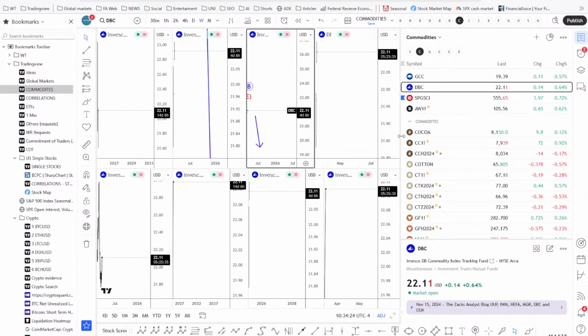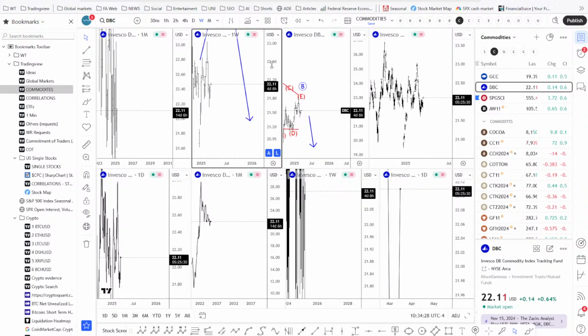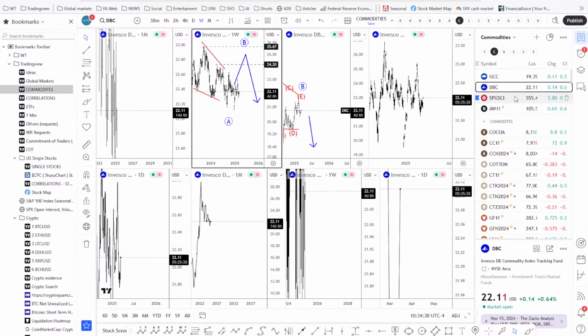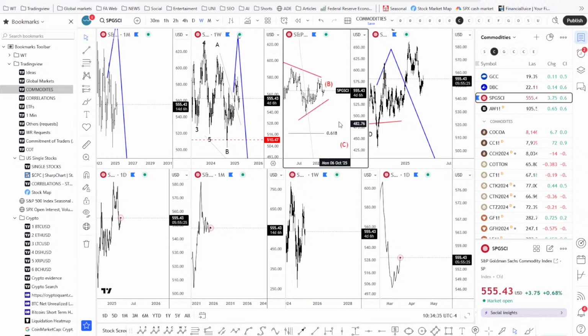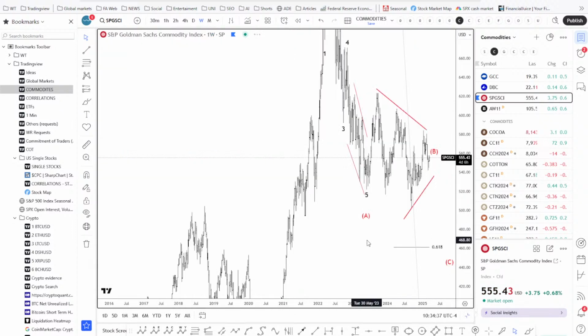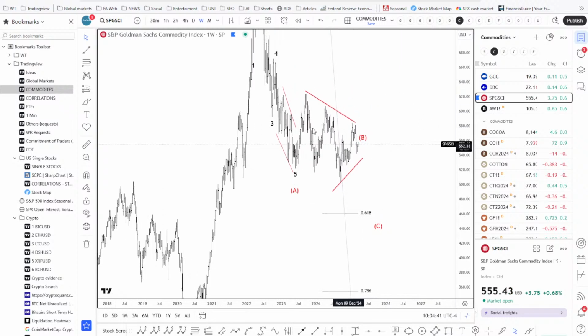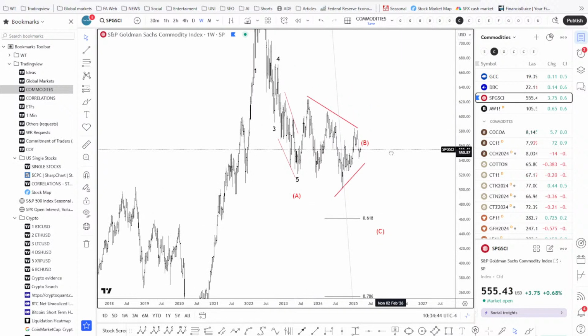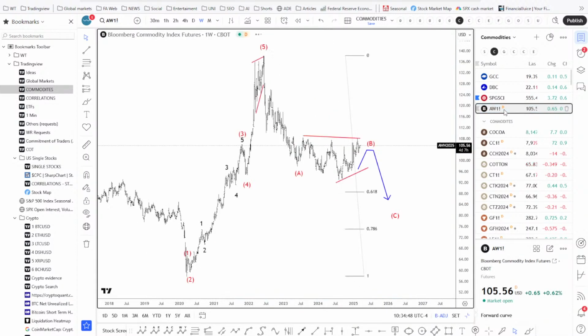Just a second. Okay, so on the commodity index for Goldman Sachs, you can see that basically we are here in a triangle, so possibly there will be falling prices going forward.